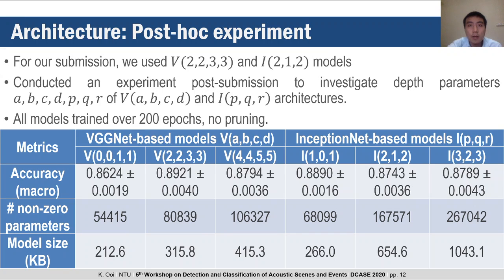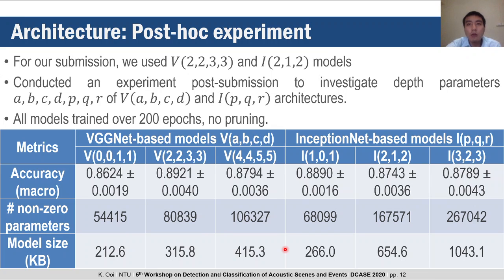Although we fixed the depth parameters for submission, we conducted an experiment after the challenge was over to investigate how they affected the performance of the model. Again, in a similar vein as the preliminary experiments for the spectrogram dimensions and data augmentation scheme, we trained all models over 200 epochs and did not prune them at all. The results are shown in the table on this slide, and we can see quite obviously that the model complexity quickly and significantly increases with increasing depth.